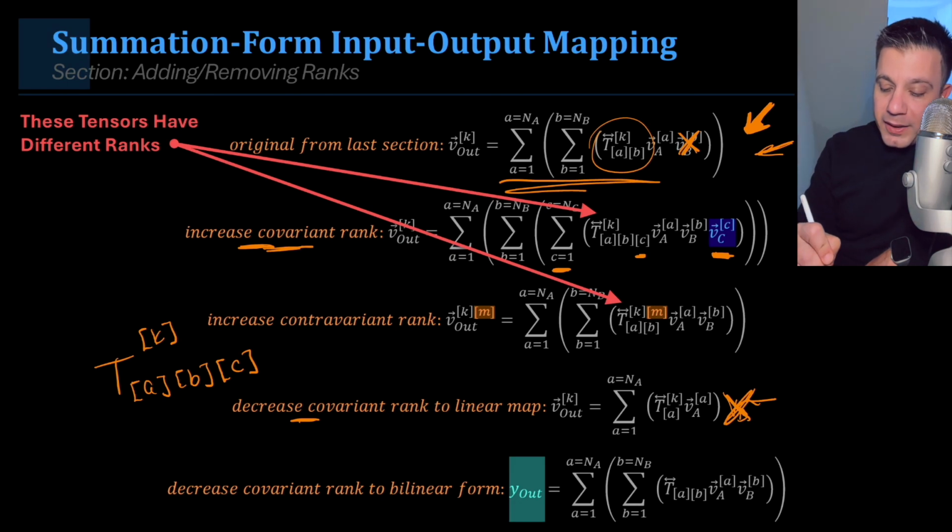Okay, now we increase the contravariant rank, and that has a much less pronounced change. We're not going to introduce any new inputs. We do have to introduce a new contravariant index. So let me erase this one right here.